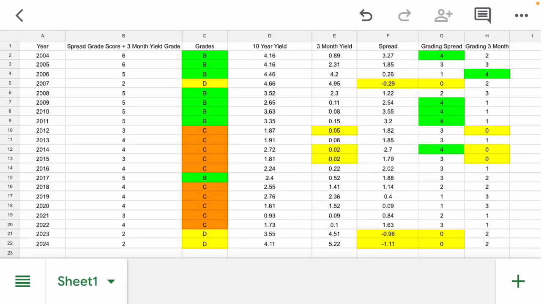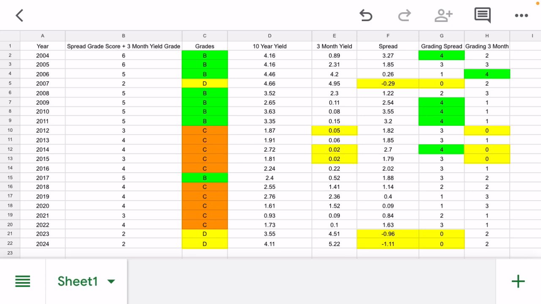We'll go to the spreadsheet that's driving the chart that you just saw. So in 2023 and 2024, and also in 2007, the bond market gets a grade of D, and that's based off of having a low spread. You can see in all three areas that have a D, they have a negative spread.